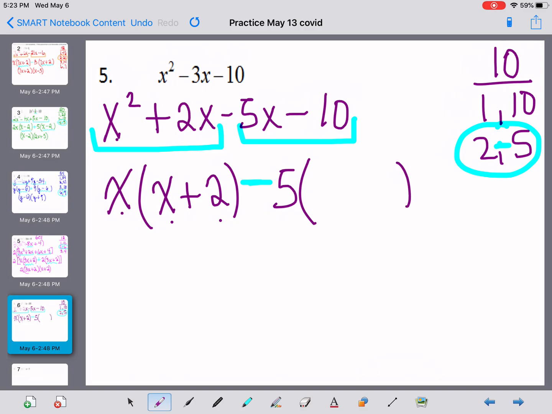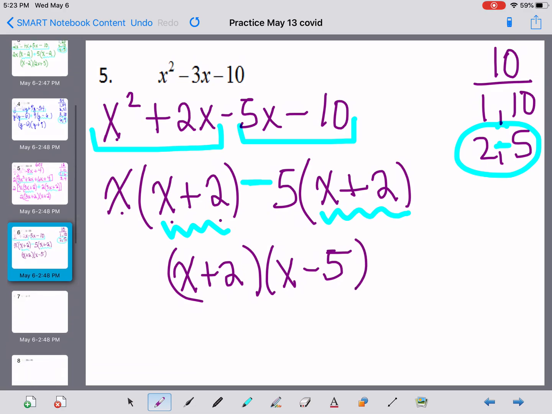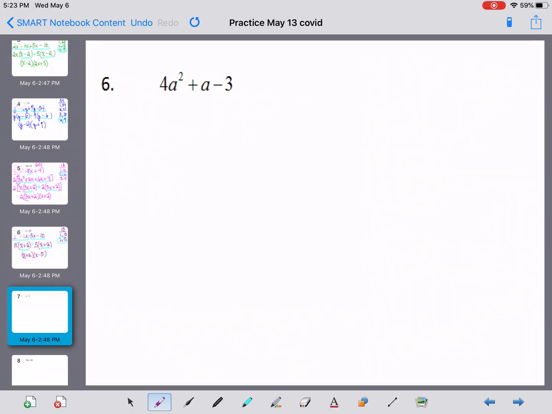Negative 5x divided by negative 5 is x. Negative 10 divided by negative 5 is positive 2. And now we can finish factoring for this one, because what we end up with is x plus 2, x minus 5. Again, I said it on the last video, if you want to check these, all that you have to do is go back and FOIL or double distribute.